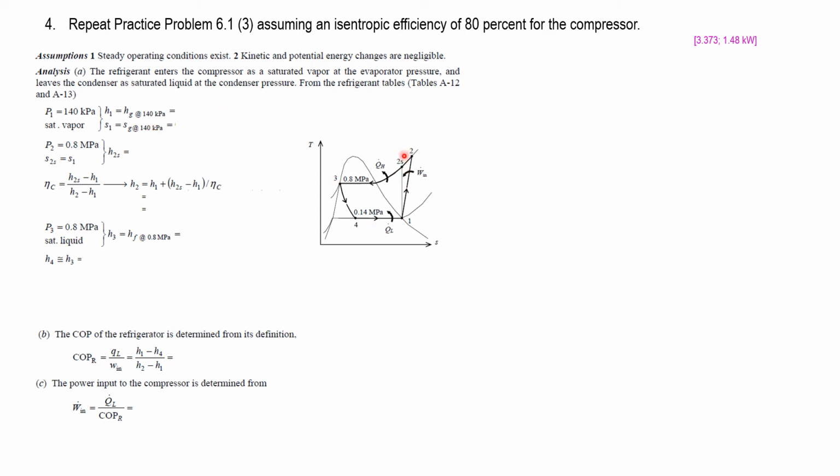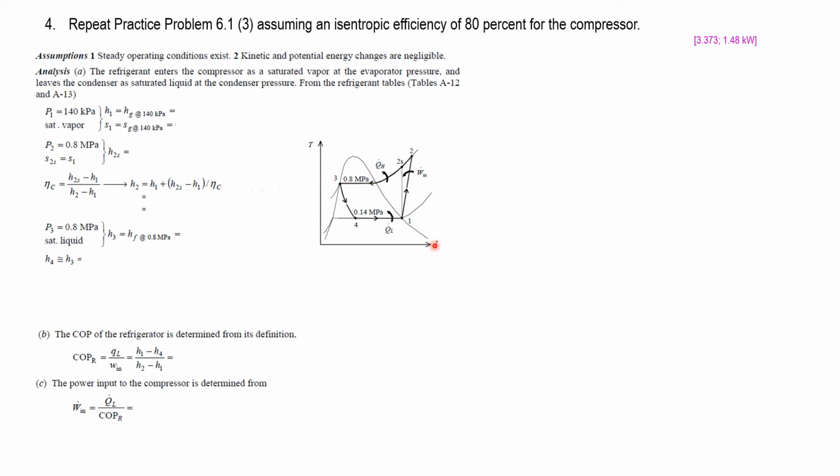Now to find h2s, this is what is so interesting here. If you look at the line between point 2s and point 1, it is a vertical line, meaning to say that the entropy for point 1 is also the same entropy for point 2s. So we use that information, and we know the pressure at point 2 is 0.8 megapascal.